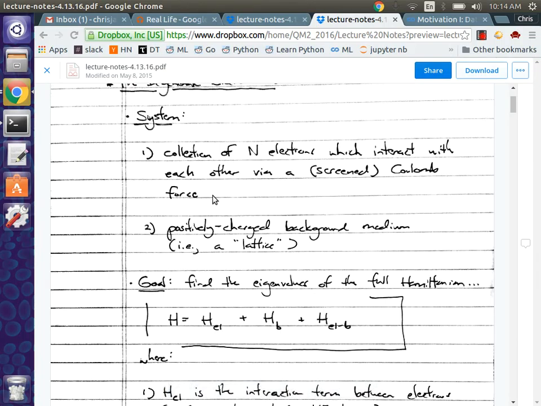But it's not just a gas of electrons. You can think of it as a metal, right? So you have basically a piece of, let's say, metal, and this thing is constructed as a lattice.